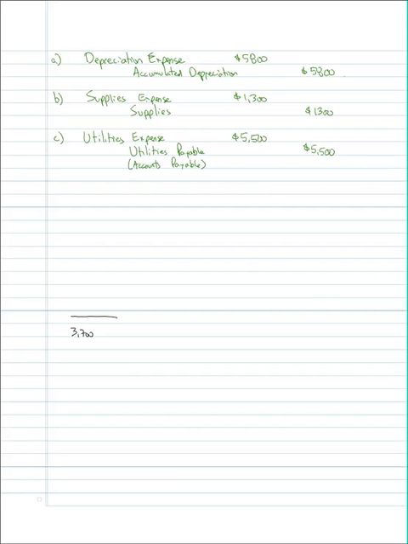Now for most of these adjusting journal entries, there's not already an existing T account, so there's nothing really to add to existing T accounts. So we can set up some new T accounts.